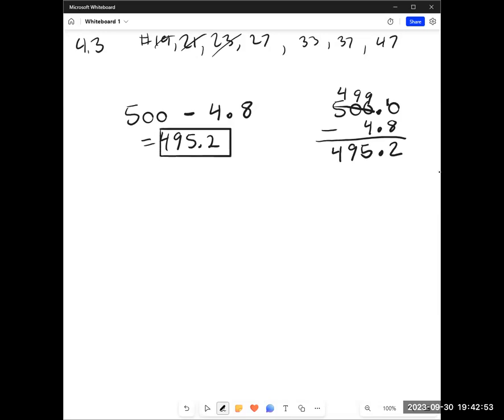To check our answer, we want to take our answer of 495 and 2/10 and add the 4 and 8/10 that we were subtracting.